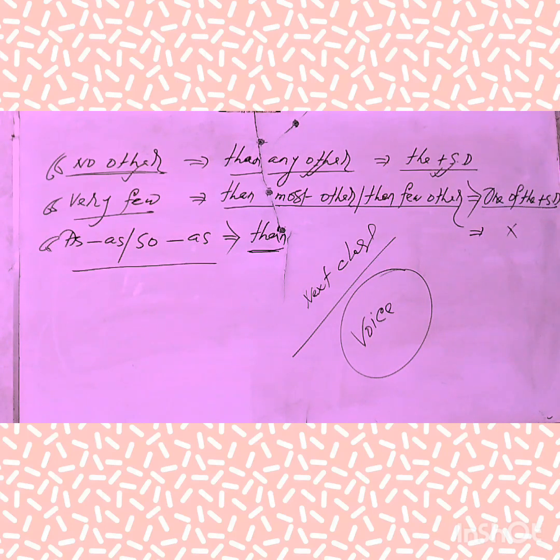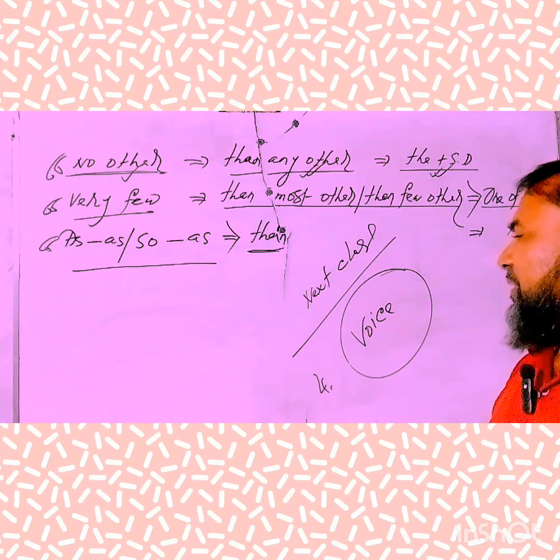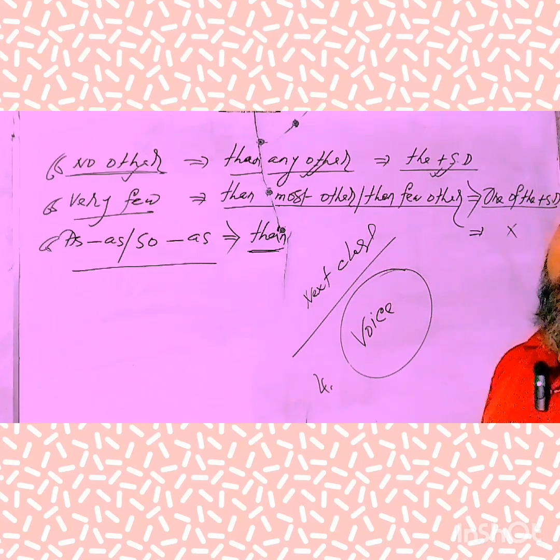Number two, according to the meaning of sentence: assertive, interrogative, imperative, optative, and exclamatory. Number three, the discussion of degree. And number four, the discussion of voice. Already we have finished branches one, two and three, and finally we will see the discussion of voice.